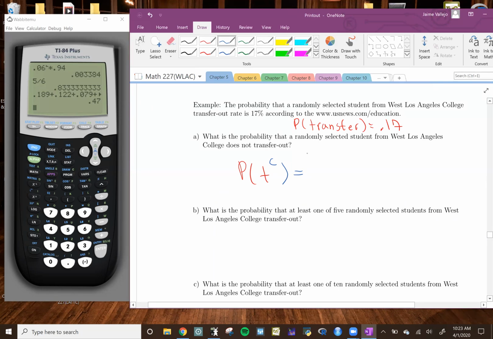We're going to use the complement rule, because if 17% transfer out, that means the rest of them don't transfer out. So 1 minus 0.17 is equal to 0.83. Any question in regard to how we got the 0.83?